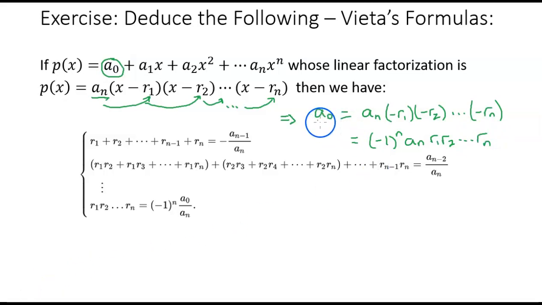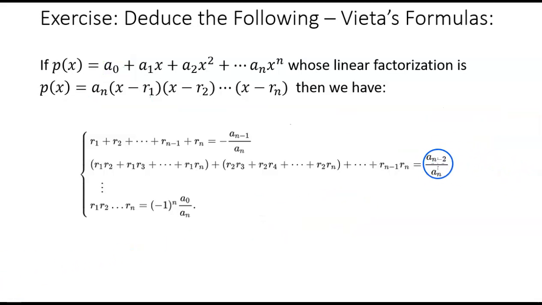And then finally, dividing both sides by negative 1 to the power of n times an gives us the required result here. By the way, 1 divided by negative 1 to the power of n is equal to negative 1 to the power of n.